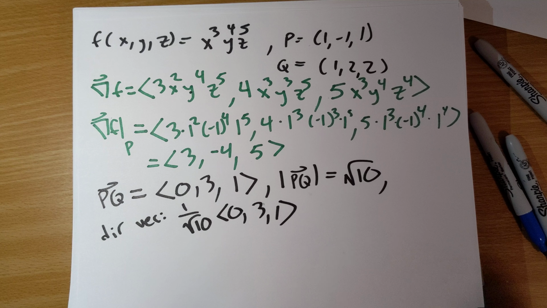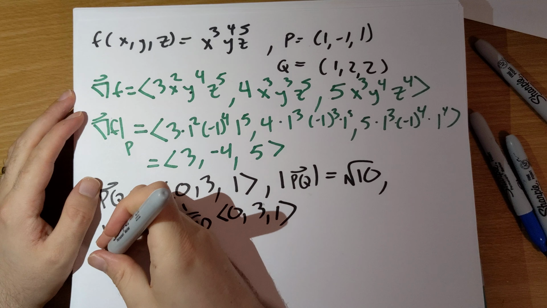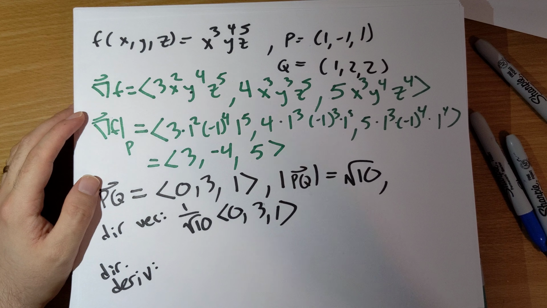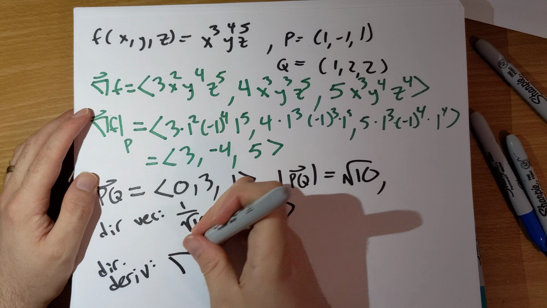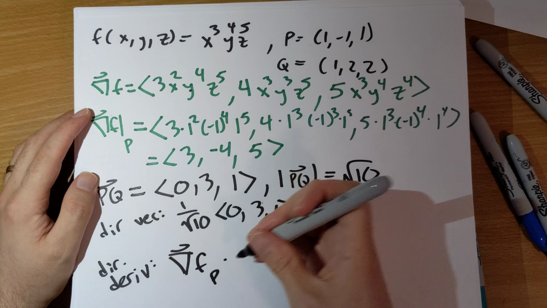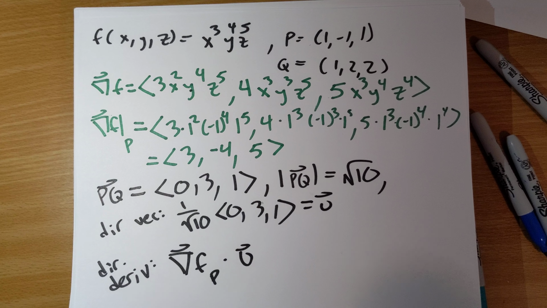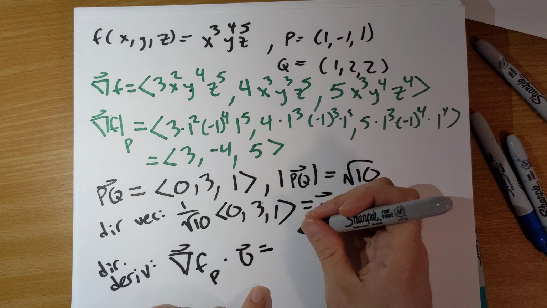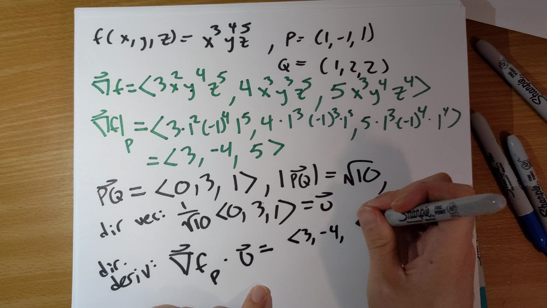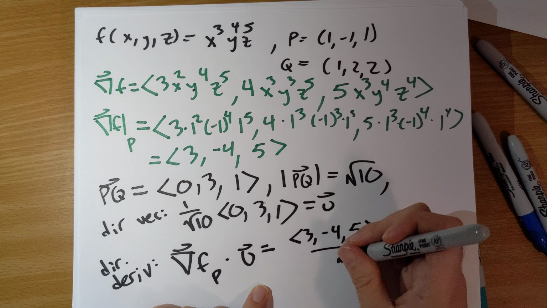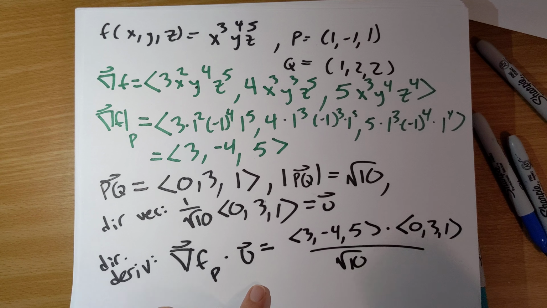And then to finish off the problem, the directional derivative. The formula here is going to be: you take the gradient evaluated at the point, dot product with your unit vector, that's the direction vector. So we have (3, negative 4, 5) dot product (0, 3, 1), all of that divided by the square root 10.